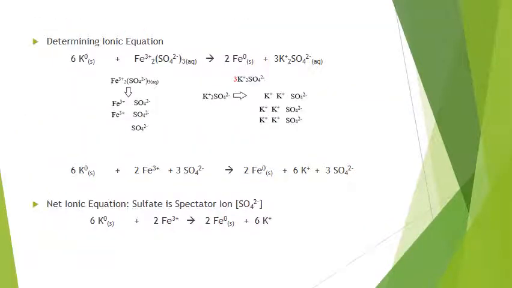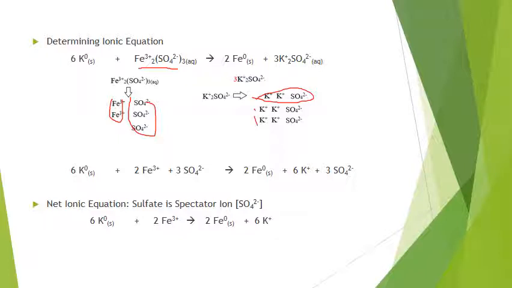Again, I show you how to do that. The iron sulfate splits into 2 of these and 3 of these. The potassium sulfate, each potassium sulfate splits into 1 of these, and it does that 3 times.